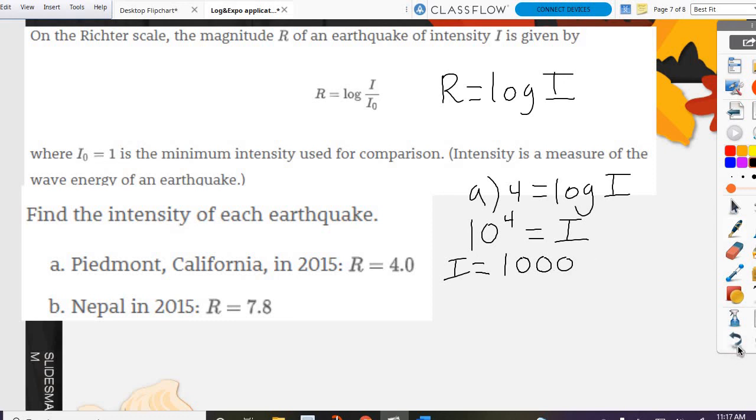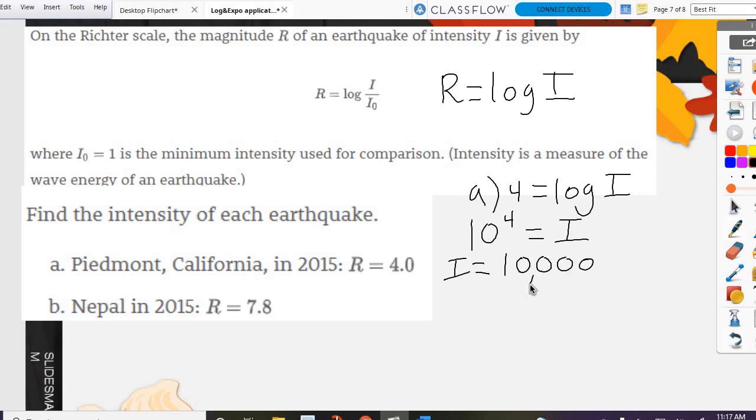You plug into your calculator? Yes. Okay, it's 10,000. There we go. That many. And again, that's measured in intensity, so we don't have to put a unit on it, because it kind of doesn't have a unit, it's just measuring the intensity.